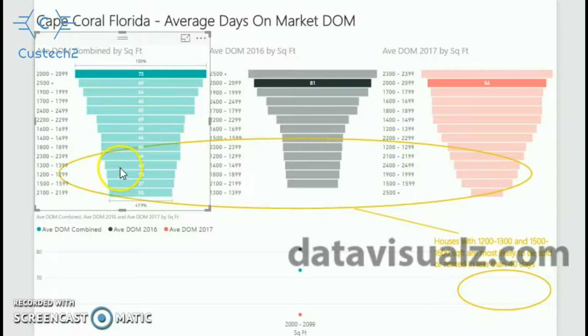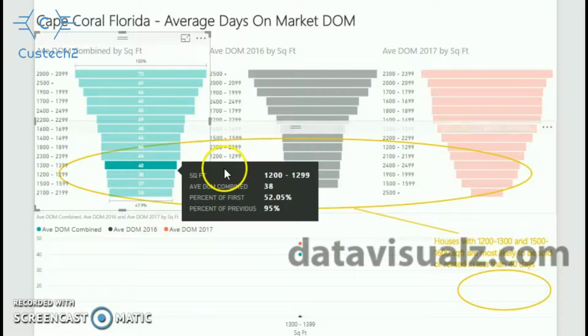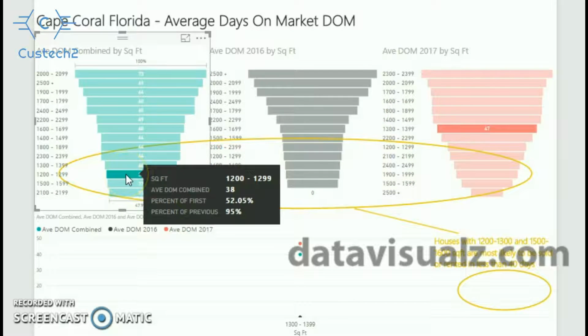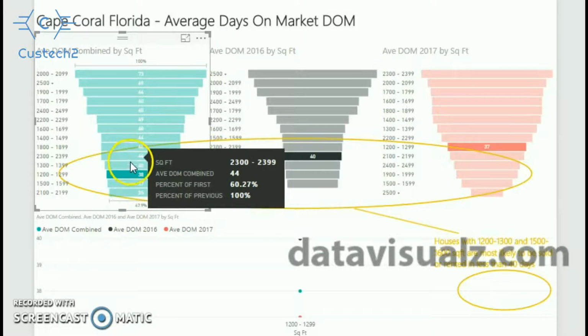Like if we select 1300 to 1400 square feet houses, that's 47 and 40. So it's actually decreasing. For 1200, you can see 40 and 37. 2016 was 40, 2017 was 37, on an average 38 basis.